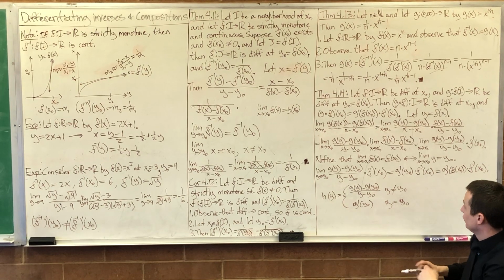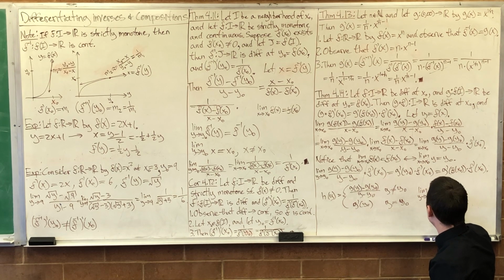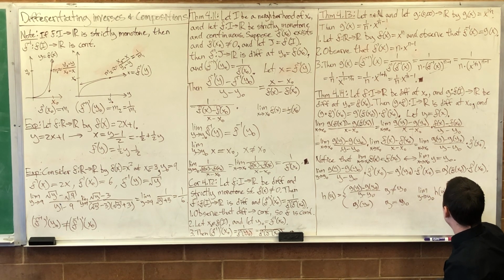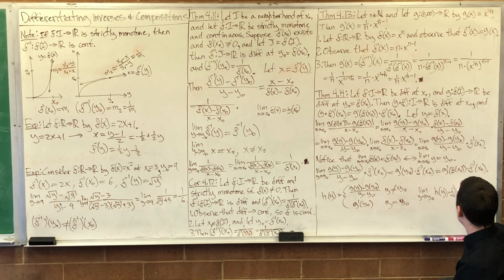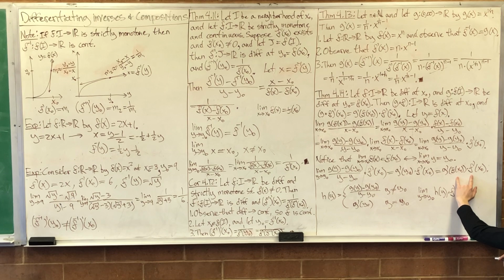So now we have h of y, and what we're going to look at is the limit as y approaches y naught of h of y times f prime of x naught, and this is going to end up equaling this. Because now we have to handle two cases.